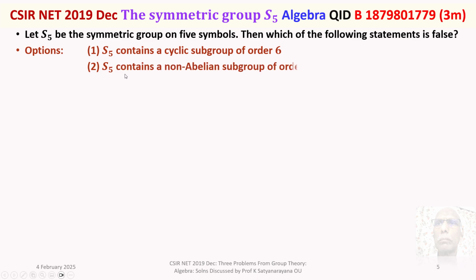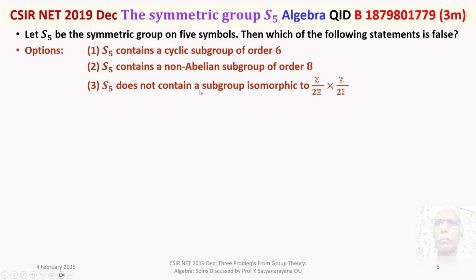Option 2, S5 contains a non-abelian subgroup of order 8. Option 3, S5 does not contain a subgroup isomorphic to Z/2Z × Z/2Z. It is isomorphic to Z2 × Z2. Option 4, S5 does not contain a subgroup of order 7.